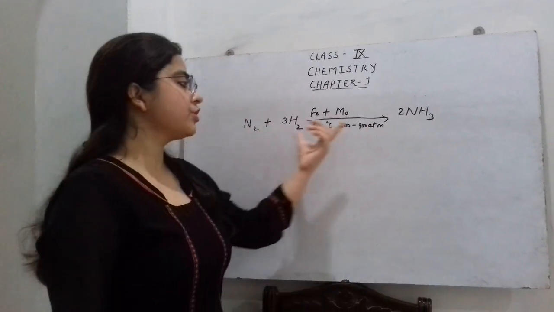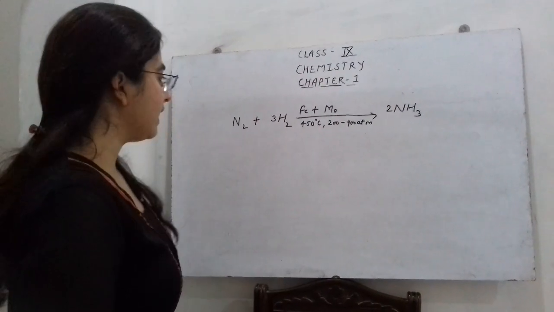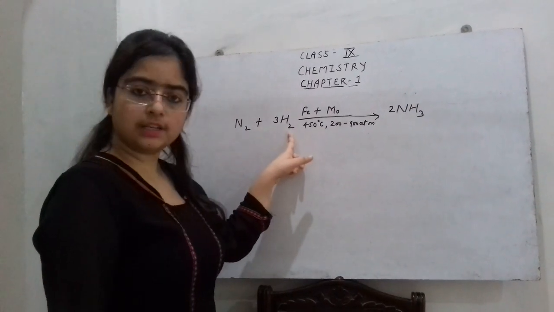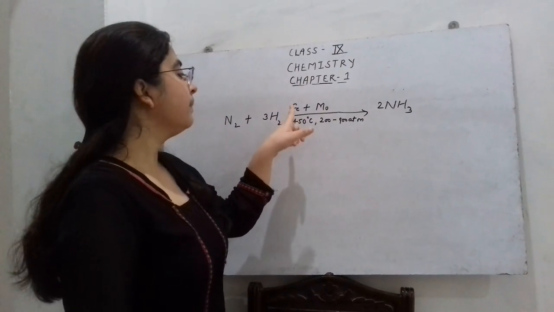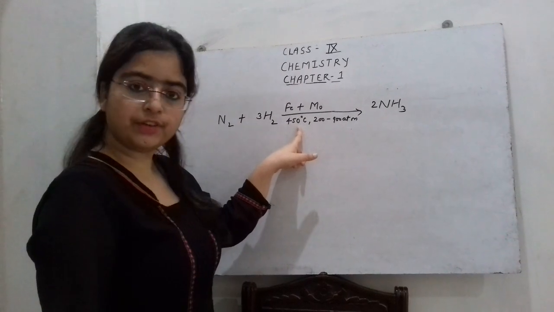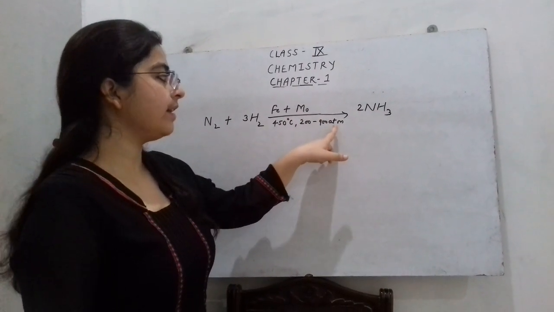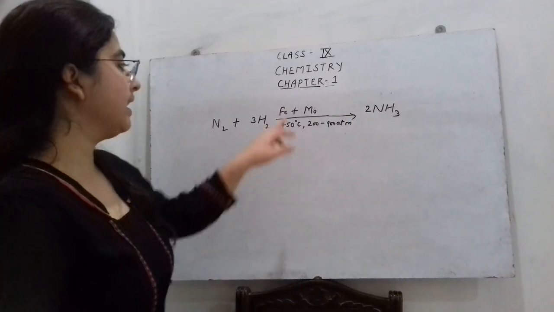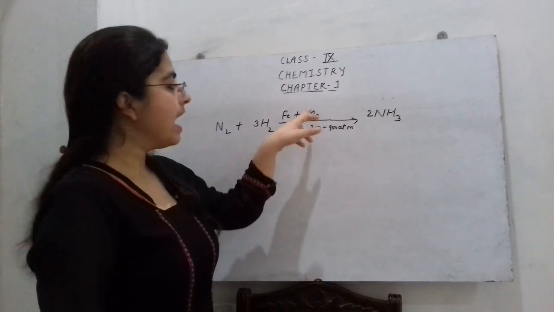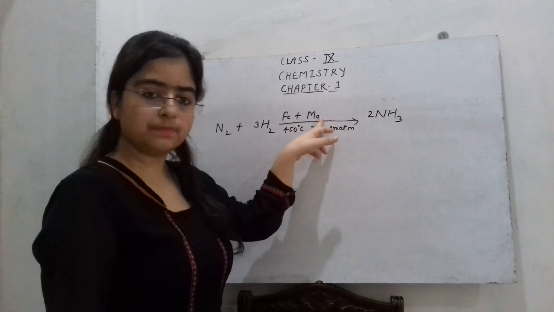So in the manufacture of ammonia, nitrogen and hydrogen react at a temperature of about 450 degrees Celsius and a pressure of about 200 to 900 atmosphere, and the catalyst used is iron and the promoter is molybdenum.